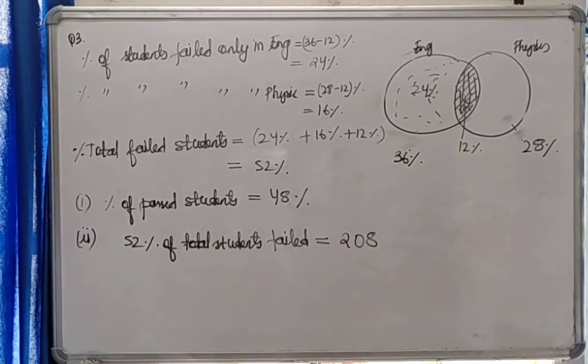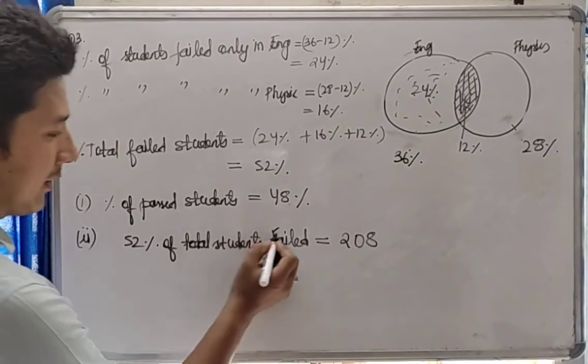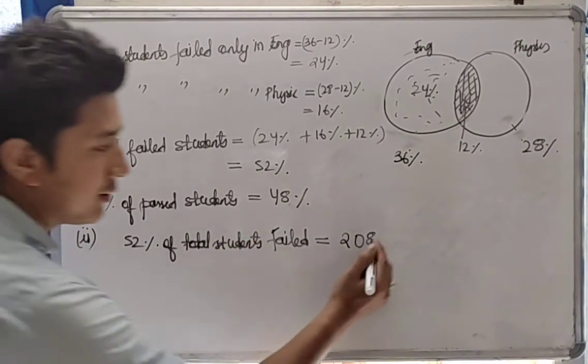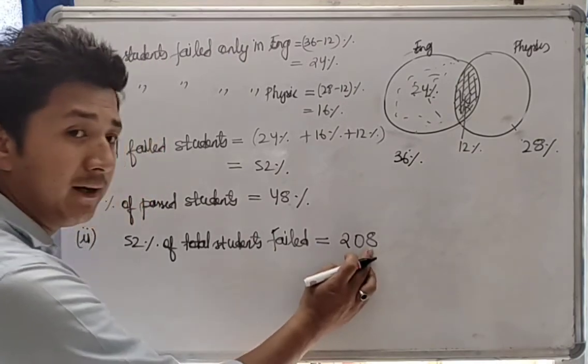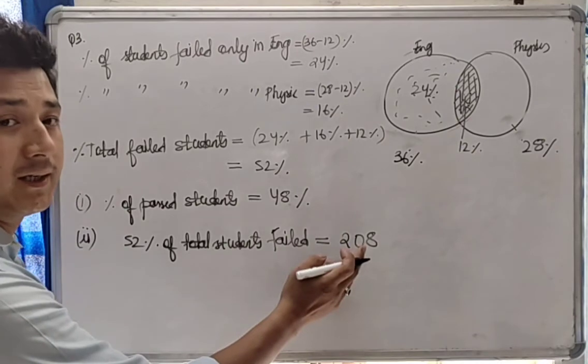The question is asking you to find the total number of students if 208 students have failed, which can also be done another way: 208 students have failed, which means 52% of total students is 208.